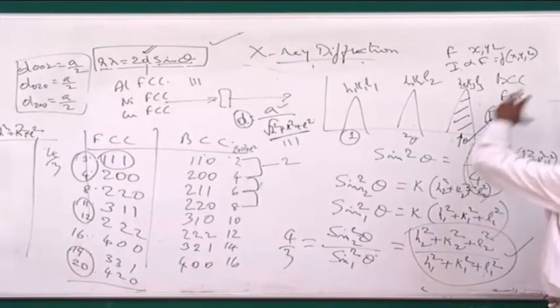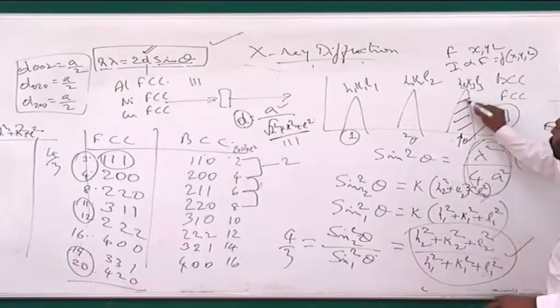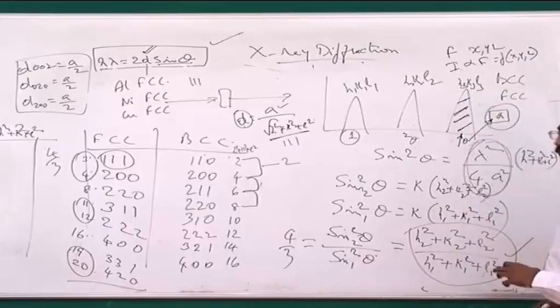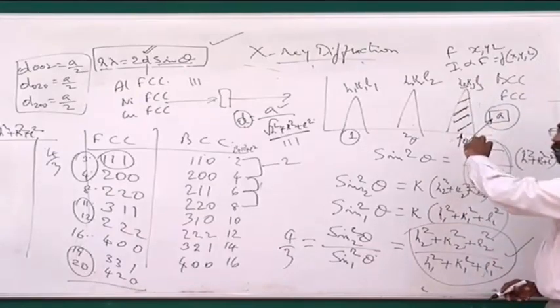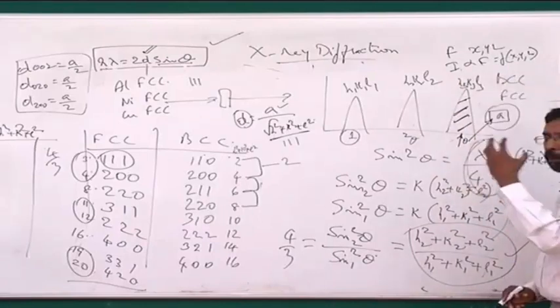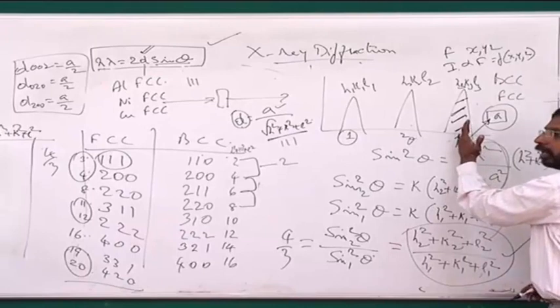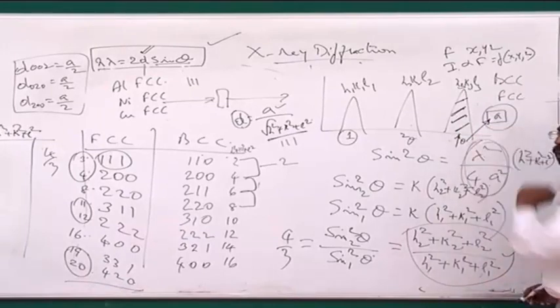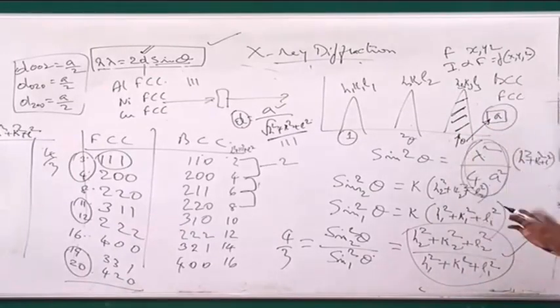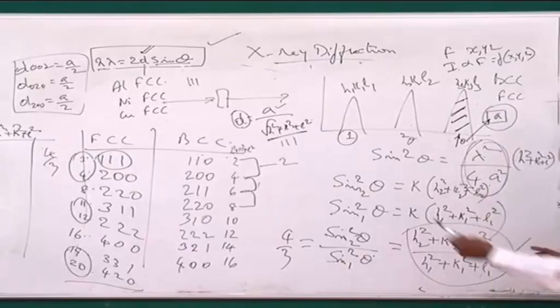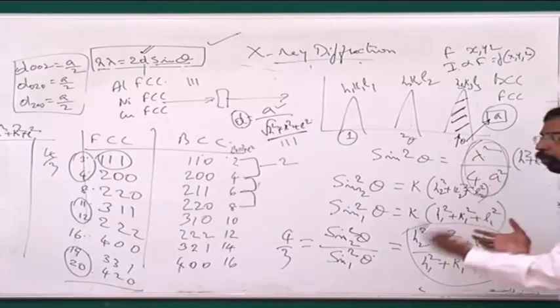So where the atoms are sitting is going to decide the intensity. So you will see that the intensity of any XRD pattern is going to depend on the atomic positions inside the unit cell, whereas the position of the XRD peak is going to be decided only by the lattice parameter. So these are the two factors that we know.